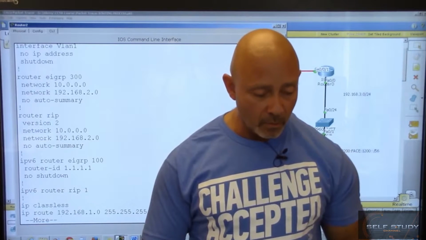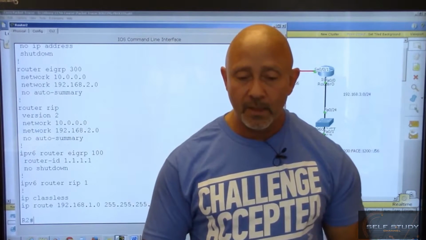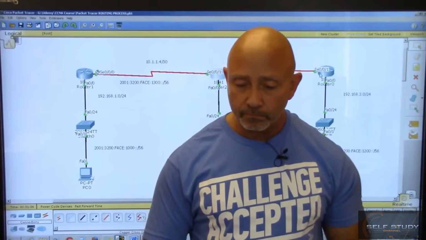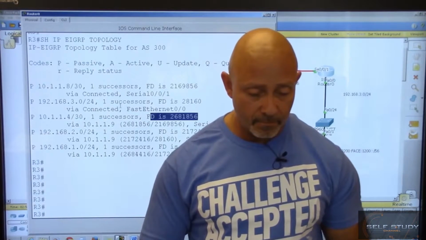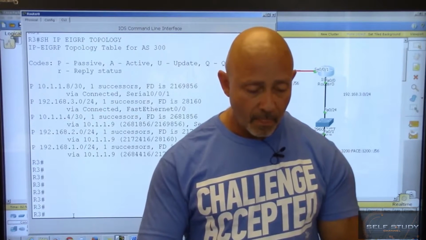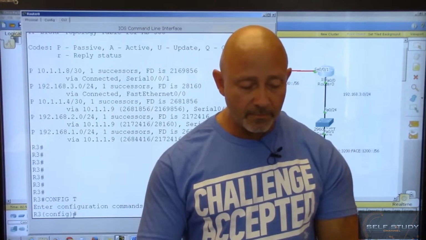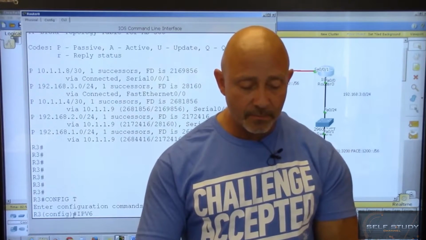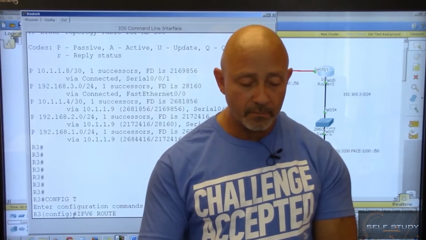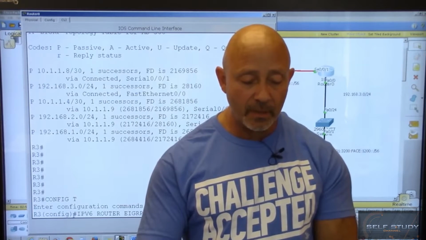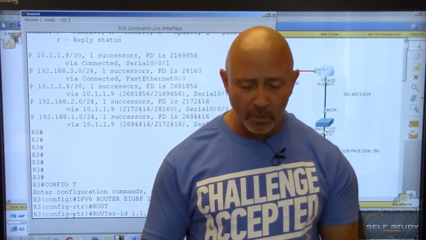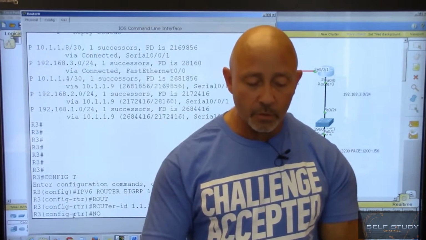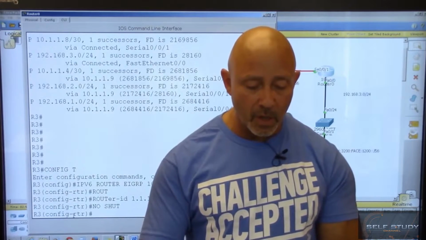All right, and what router is this? Router 2. Let's go to the last router, and we do the same thing. Config T, IPv6 router EIGRP 100, router ID 101.1.1, and then no shut, to turn on the routing protocol.